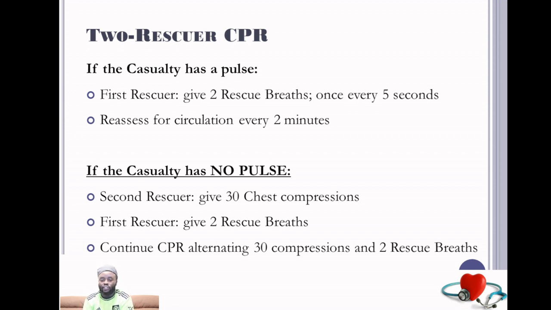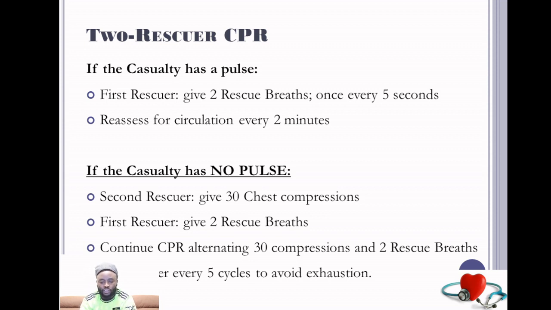You continue the CPR, alternating 30 compressions to 2 rescue breaths, until you achieve a pulse. If you don't achieve a pulse, you can get a defibrillator to shock the patient so that you can try to reinstate a normal heart rhythm.